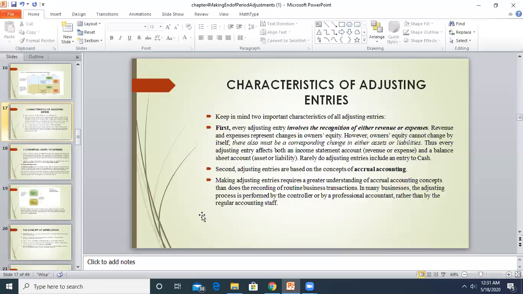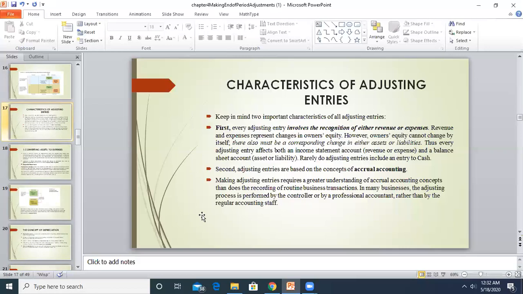Since owner's equity doesn't change by itself, there must be a corresponding change in either assets or liabilities. So every adjusting entry affects both an income statement account, revenue or expense, and a balance sheet account.